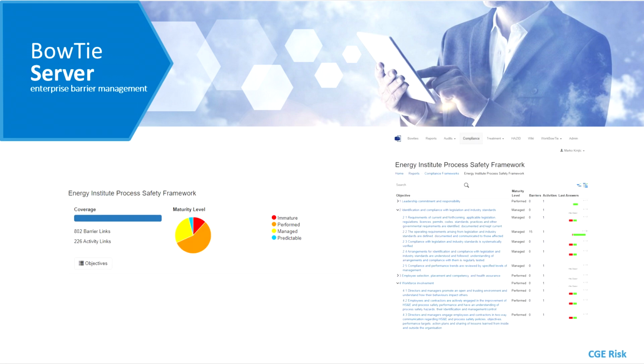Of course, doing audits and doing inspections can also be useful when you are doing this with the purpose of showing your compliance or measuring against a certain regulatory set of actions or regulations. So for instance, bowtie server can also help you by showing exactly that. In this case, an example of the Energy Institute process safety framework, where you can show the coverage, how many of your objectives from your regulatory documents are actually covered by either an activity or a control.